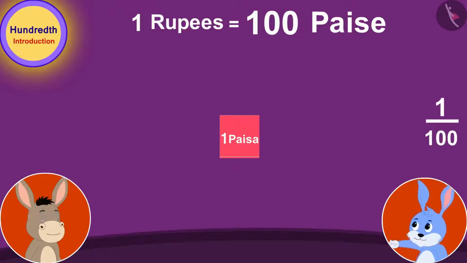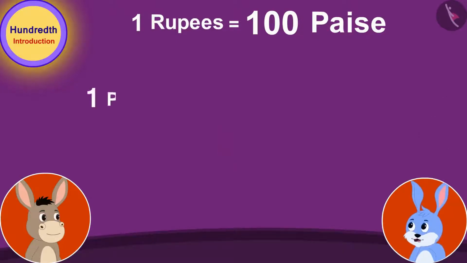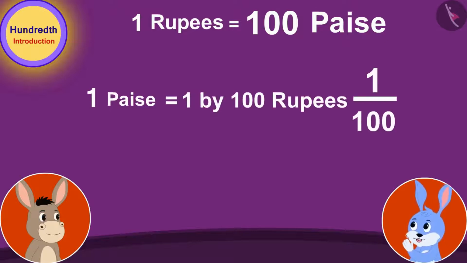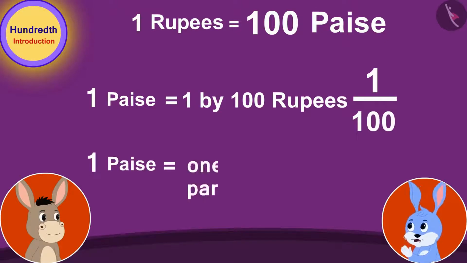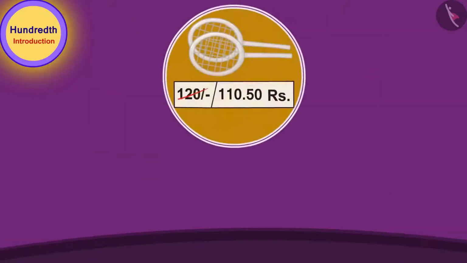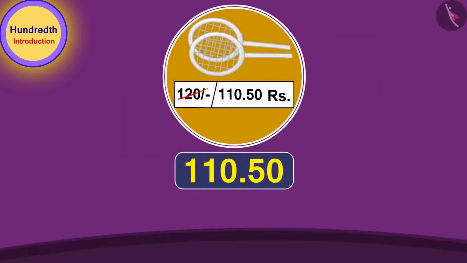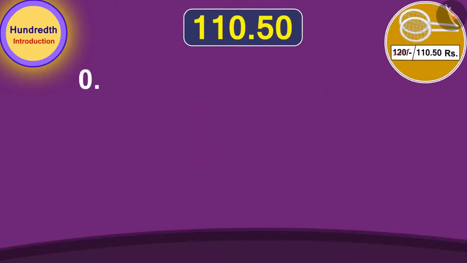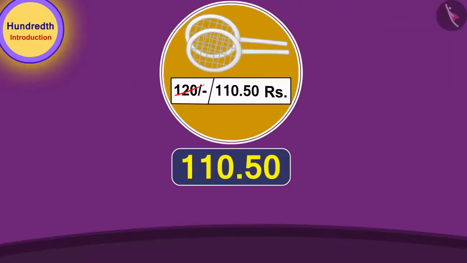Therefore, we can say that 1 paise is 1 by 100 or 1/100th part of a rupee. We can write 1/100th part of any number using decimal point as 0.01.